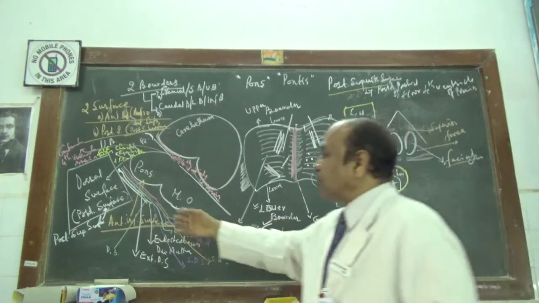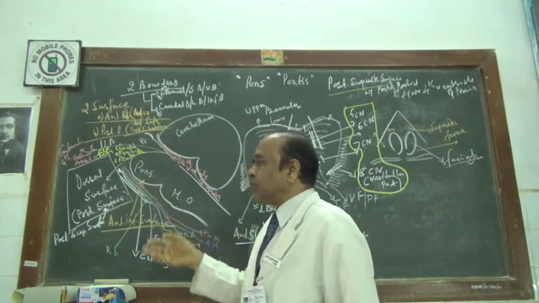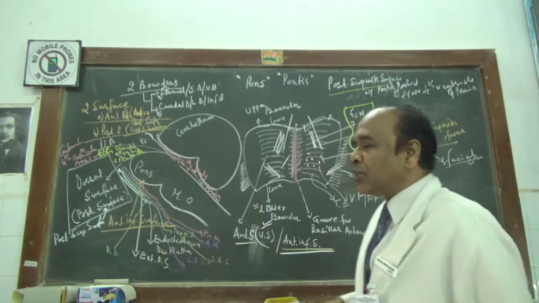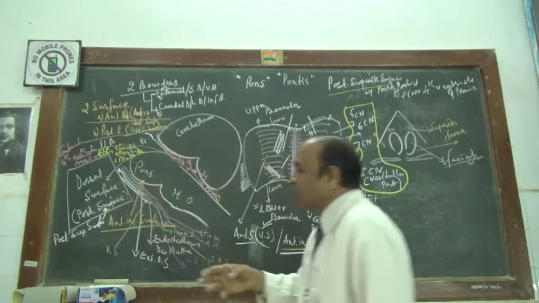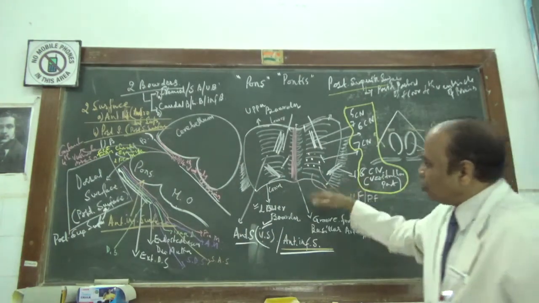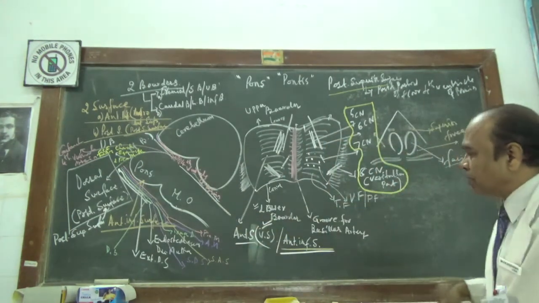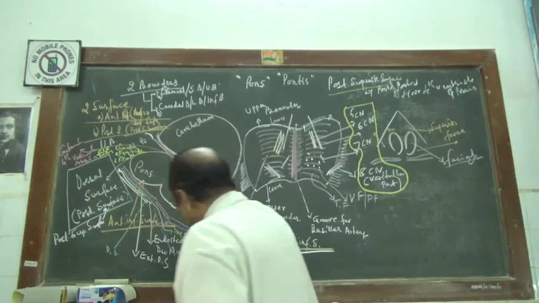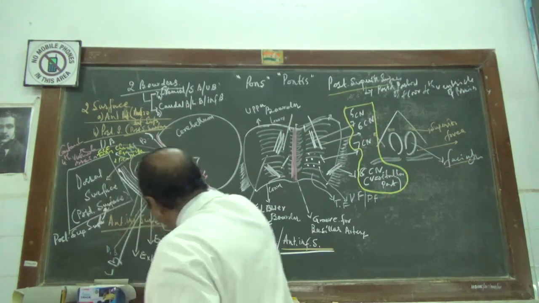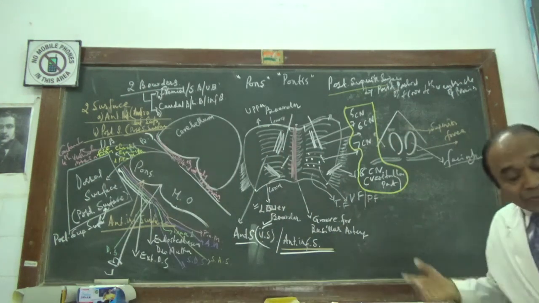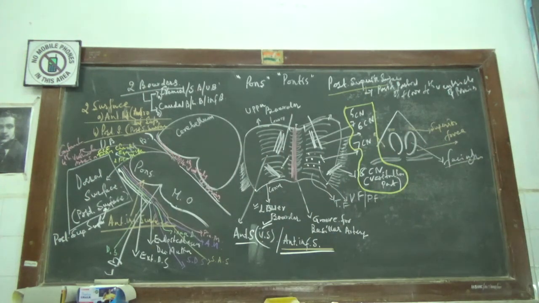So for the anterior-inferior surface I have told the relations, for the posterior superior also I have told the relation, the borders continue as I have told, and the lower border continues further as I have told. So this is the thing you have to remember.